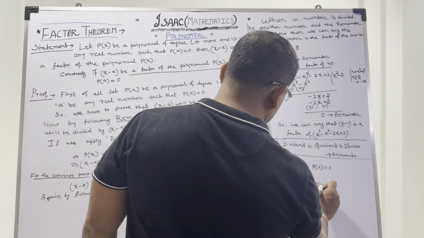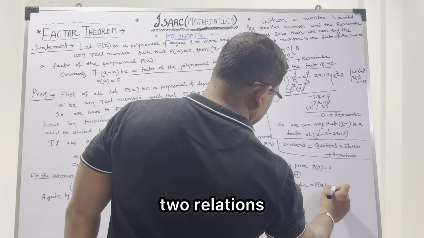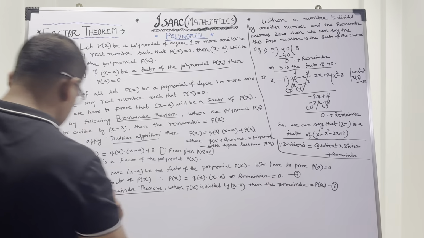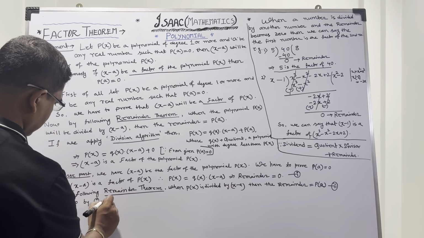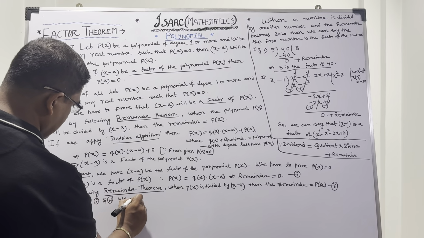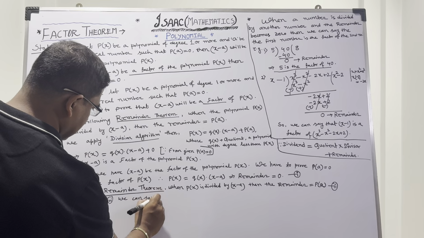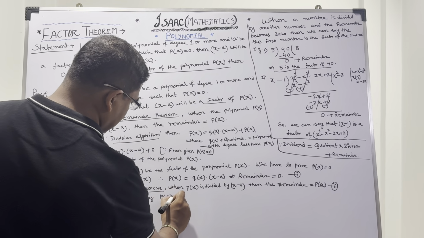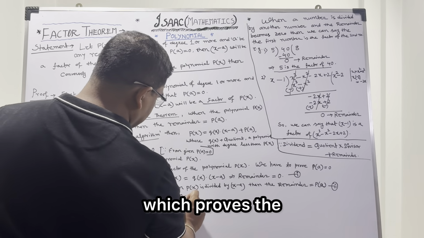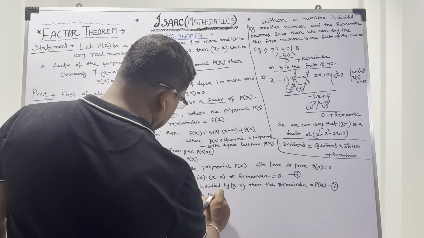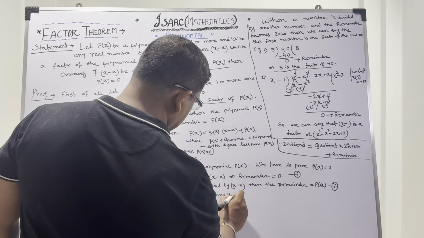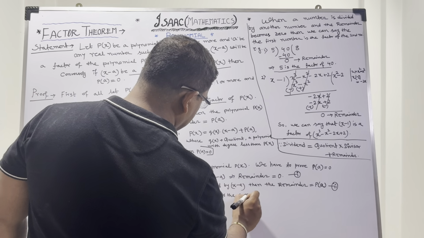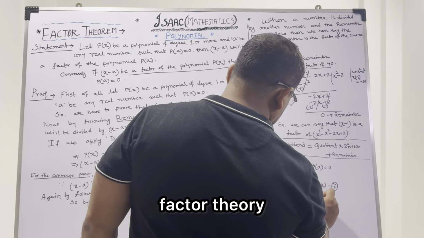So, by these two relations, by 1 and 2, we can say P of a equals 0, which proves the converse part of the factor theorem.